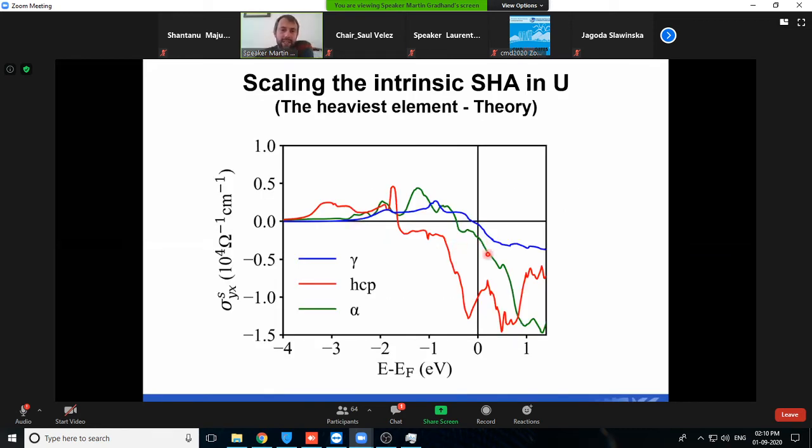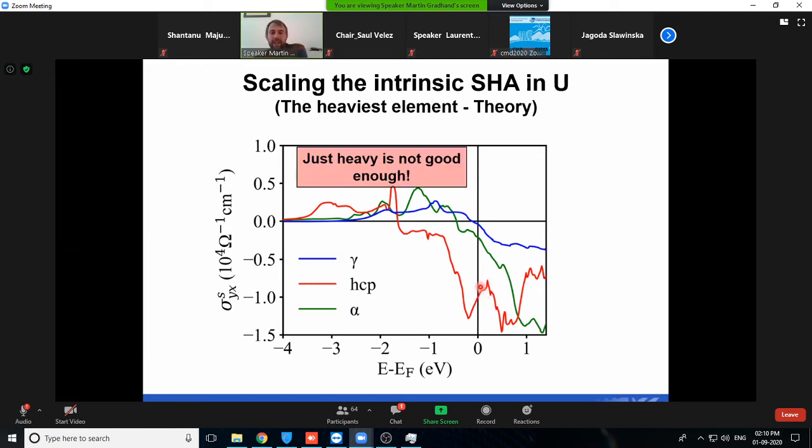So what you can see here is now the intrinsic spin-hole conductivity for 3 phases of uranium. The gamma phase is the metastable BCC phase, and you can see for that phase the spin-hole conductivity is incredibly small. It gets a little bit larger for the stable alpha phase, and only for the HCP phase, the hexagonal phase, it gets reasonably big.